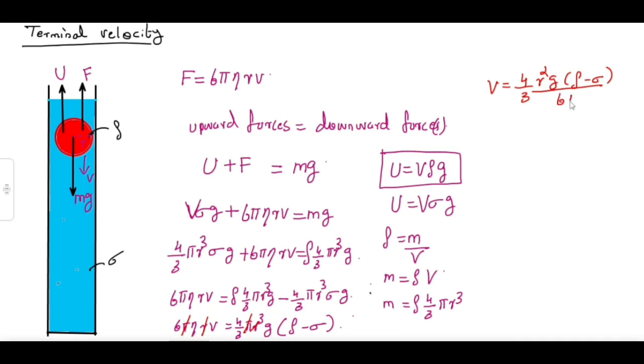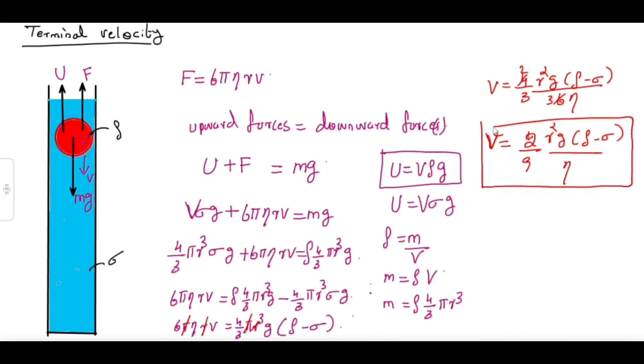Here 2 cancels with 2, and here 3. So the final answer: v is equal to, this is the velocity, not the volume, velocity v is equal to 2 divided by 9, R square g into rho minus sigma, divided by eta, and this is the equation for the velocity.